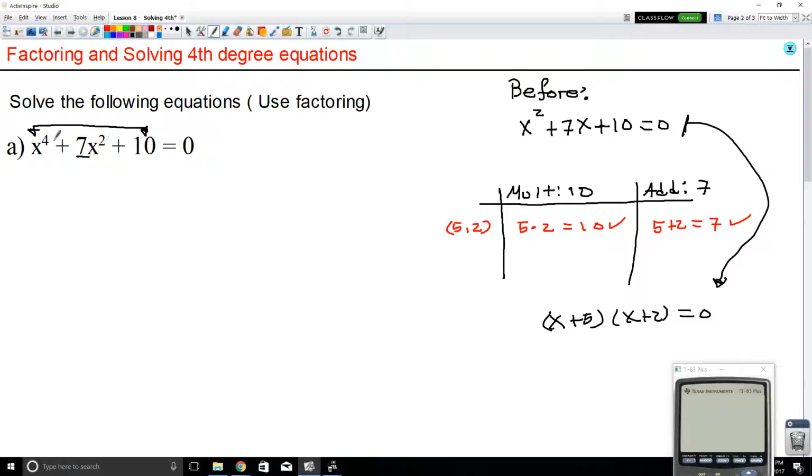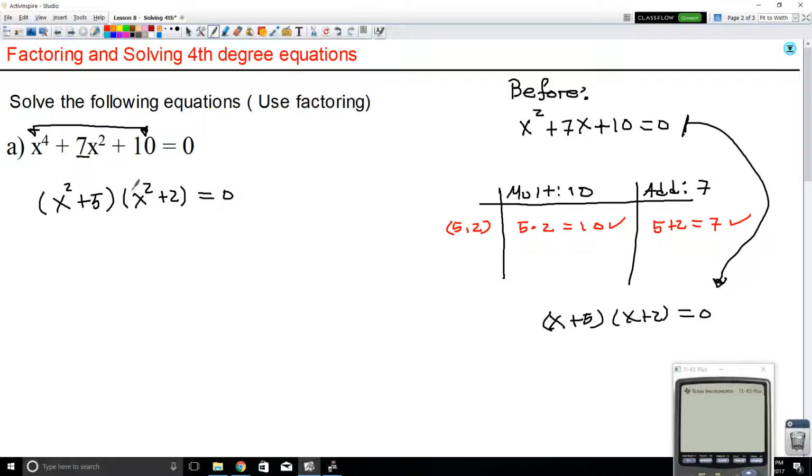So instead of writing x plus 5, we're going to write x squared plus 5, and instead of x plus 2, we're going to write x squared plus 2. Because our problem is to the fourth, all we have to change is to raise it to the second. If we want to make sure this is correct, if you FOIL this, you would obtain x to the 4 plus 7x squared plus 10.